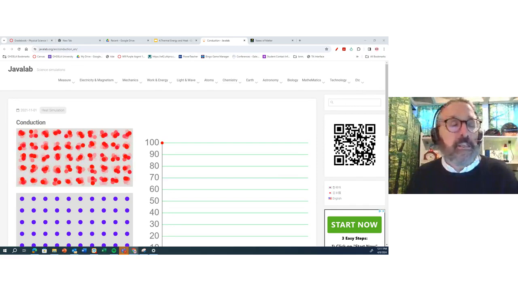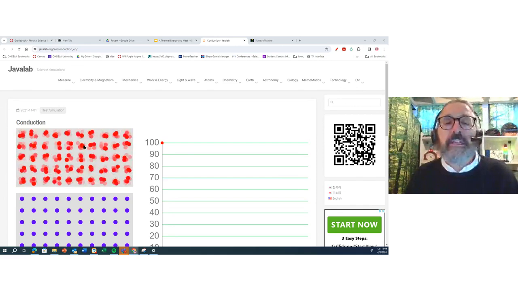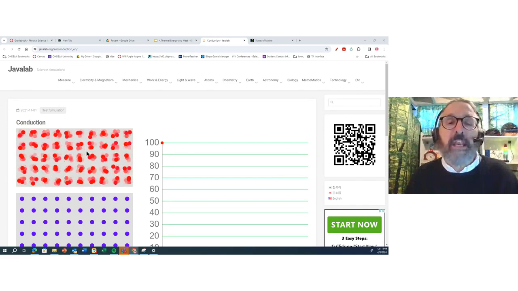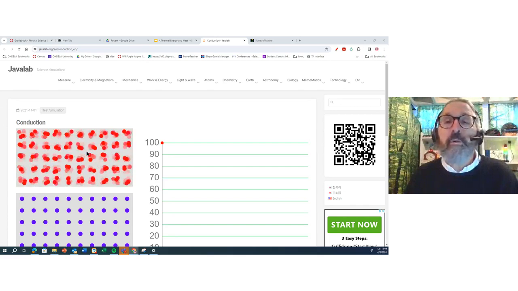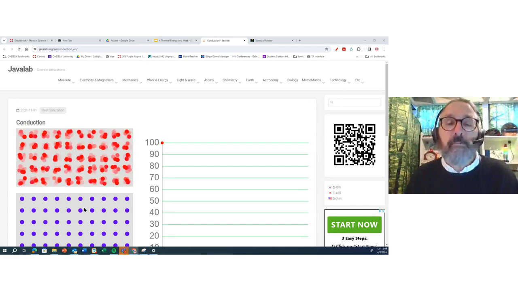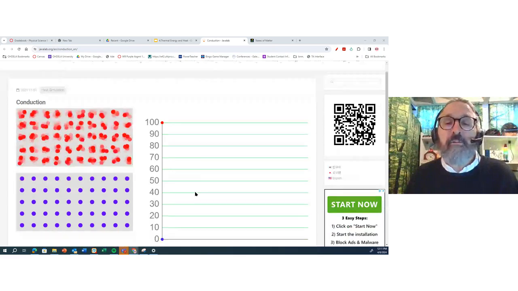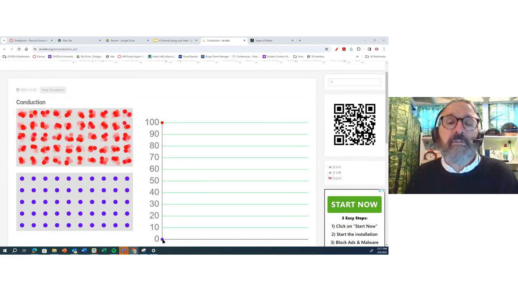So we're going to touch these two things, and here you can see the red is highly energetic, lots of kinetic energy, and represents a warmer state than the blue, which shows us a cooler state. If we look at the graph here, the blue is at 0 degrees and the red is at 100 degrees.